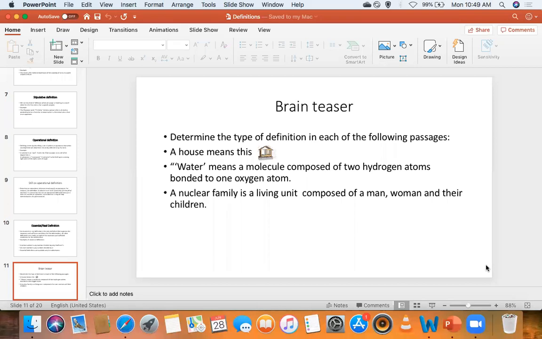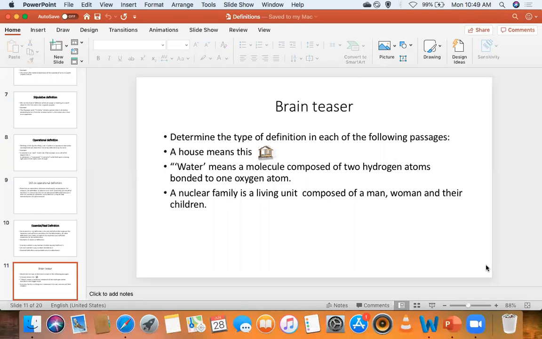Ostensive definition. Ostensive? Okay. So it should be ostensive because what is shown is the drawing of a house. We're looking at the image of a house, so it's ostensive.